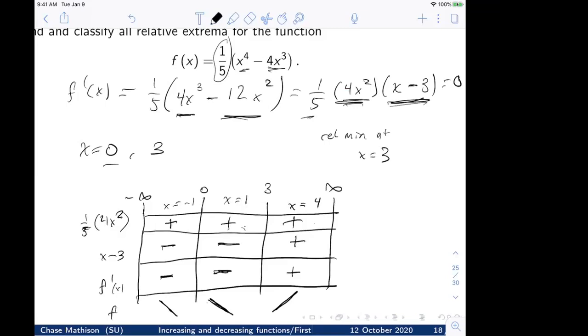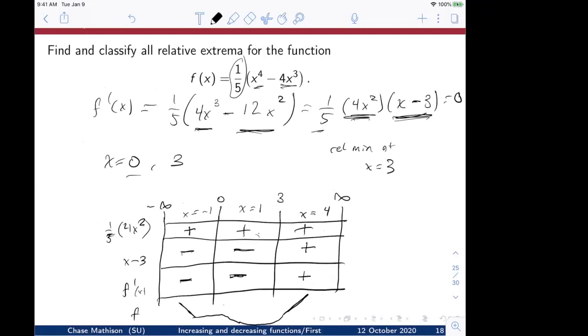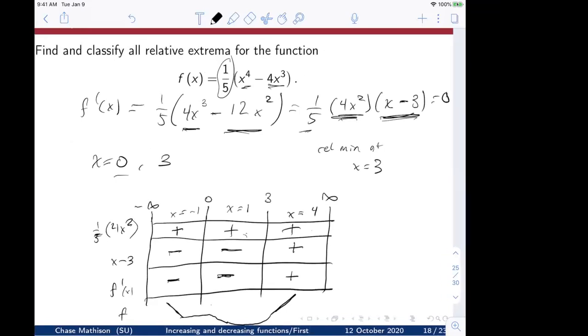But f of x goes from decreasing to decreasing there, so there's no relative extreme. So f of x does something like this. It levels out and then decreases again. Then it has to bottom out and then start increasing. So there's no relative maximum and a relative minimum at x equals 3. Okay.